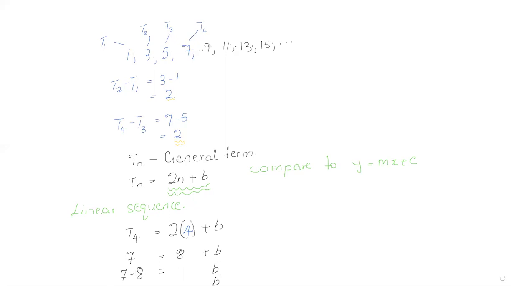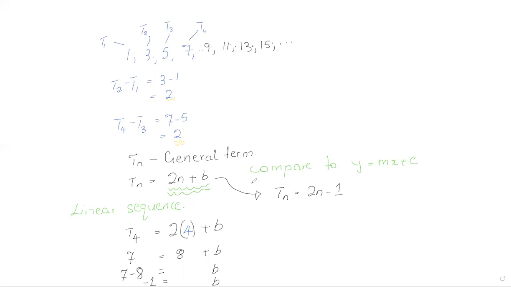So b will equal -1. Therefore, this can now be written as the nth term is equal to 2n. Now we know what b is. b is minus 1.